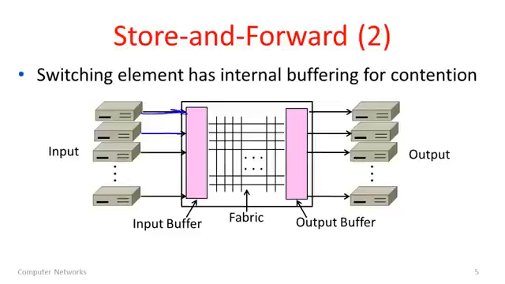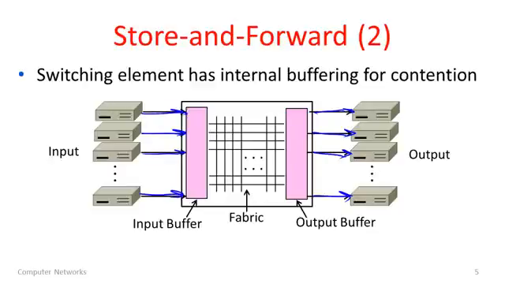I've drawn the inputs on one side, so these will be plugged into ports, twisted pair wires coming in maybe, and they'll have outputs on the other side. Really, the input and output might be combined in a port, but it's more convenient for me to draw this from left to right. Inside the box, it's just another box. You can't tell what the functionality is inside until you have some description of what layer it's doing the processing at and so forth.